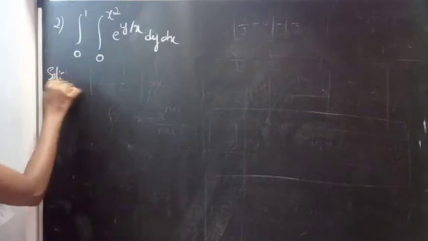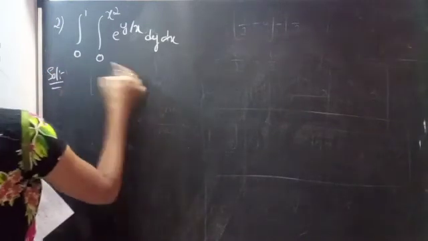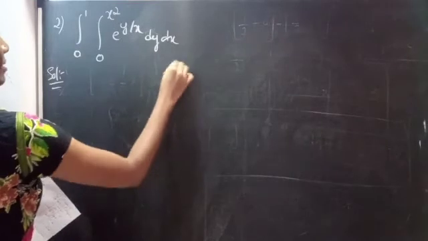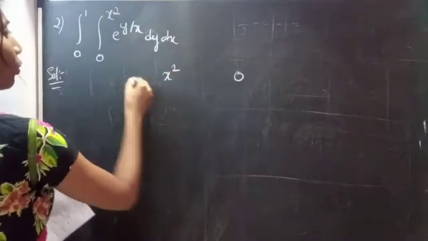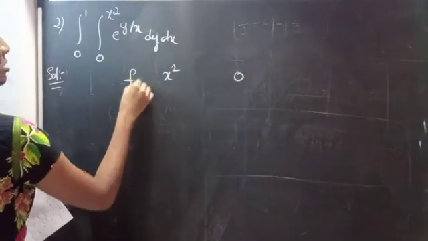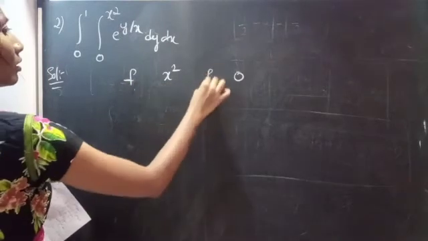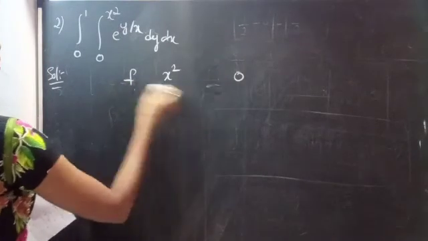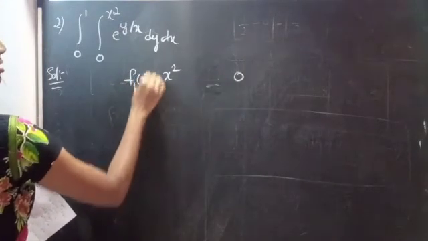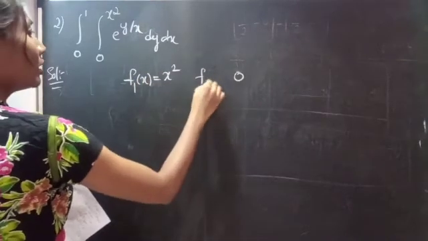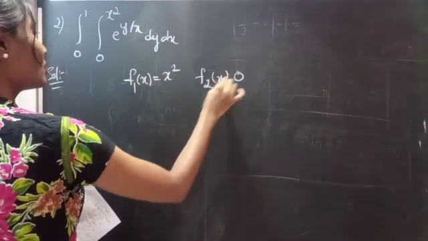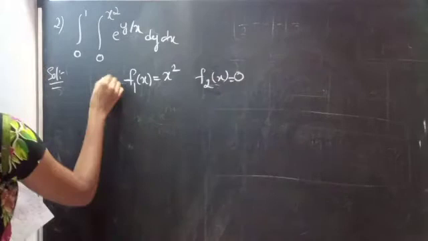Solution: x square and 0, f1 of x is equal to, f2 of x is equal to, that is, functions of x.